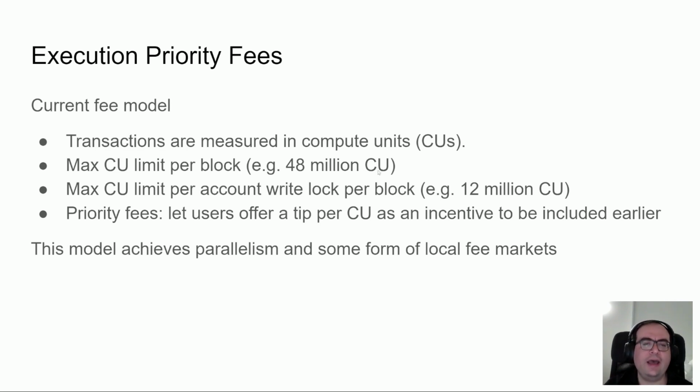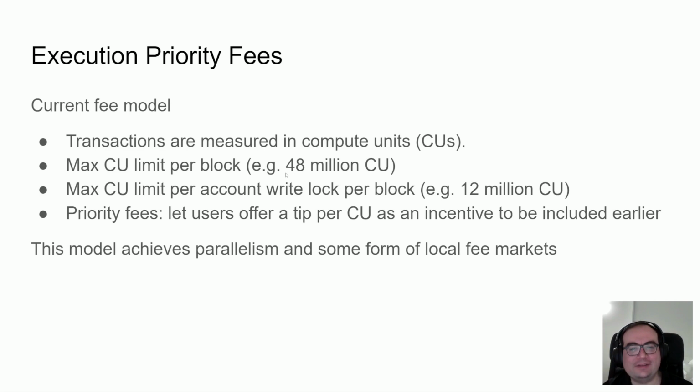So the total amount of complexity of the transactions in the block cannot be more than 48 million CU. At this point, the block is considered full. It's like a gas limit, you know. And then there is also, interestingly, a max CU limit per account write lock per block.